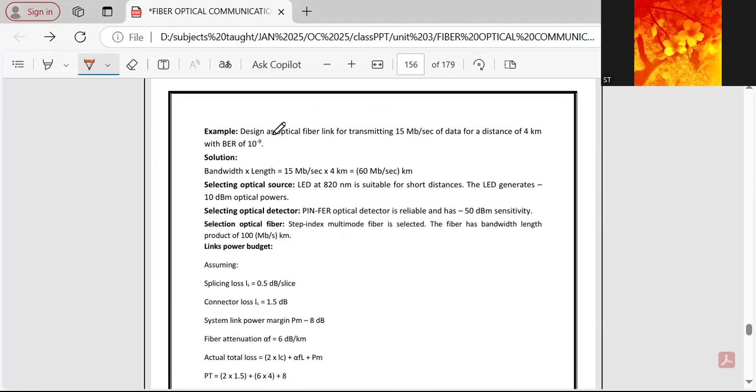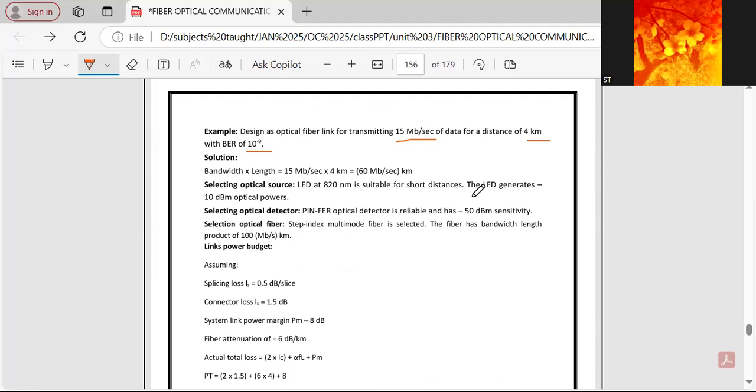In this example, we have to design an optical fiber link transmitting data at 15 Mb per second over a distance of 4 km with a BER of 10 to the power minus 9. In an earlier video we discussed the different parameters to be decided before designing the system.